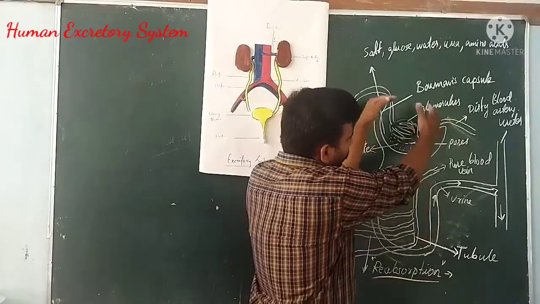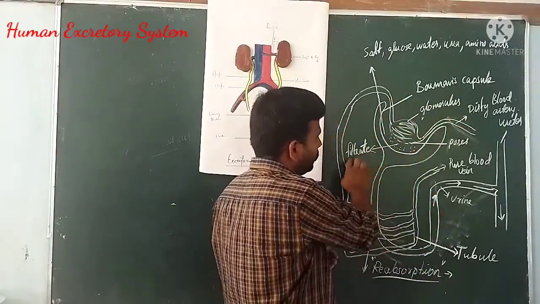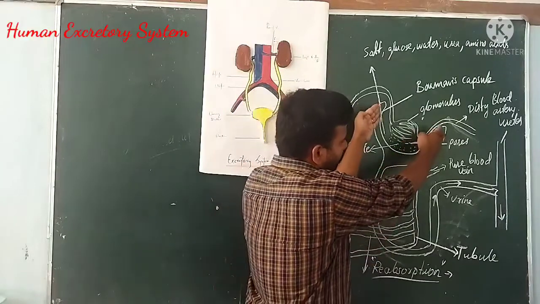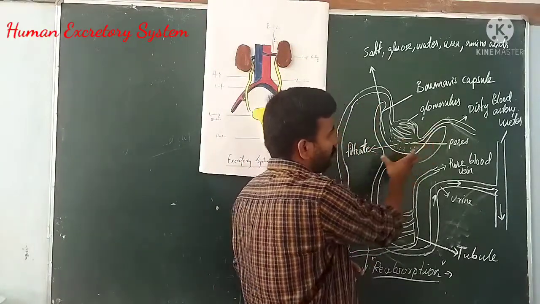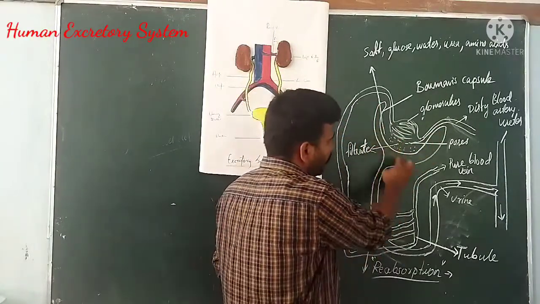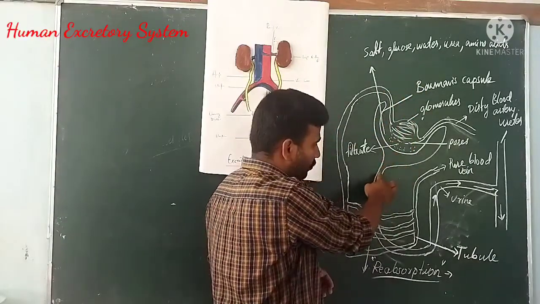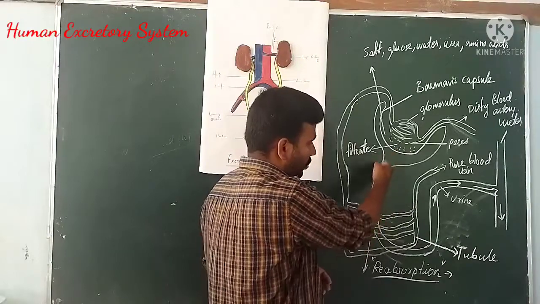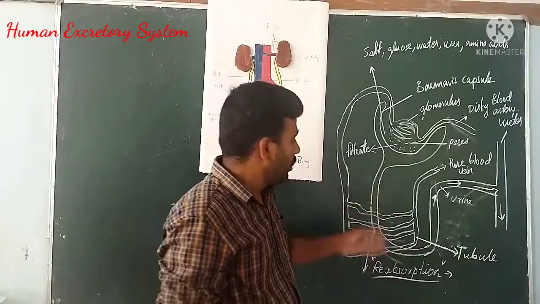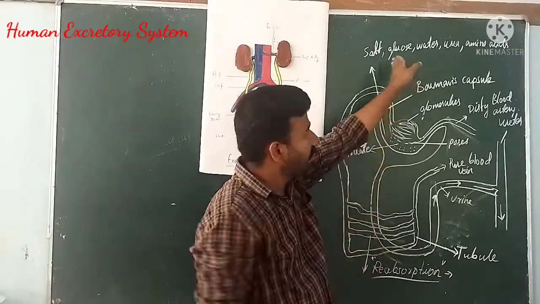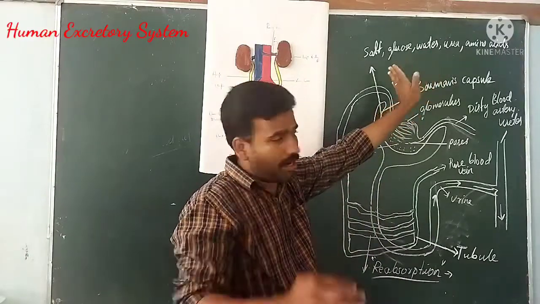That part is called the filtrate, and the filtrate will now get collected in the Bowman's capsule, and then pass through the tubule. So it contains all the necessary items as well as the unnecessary items.